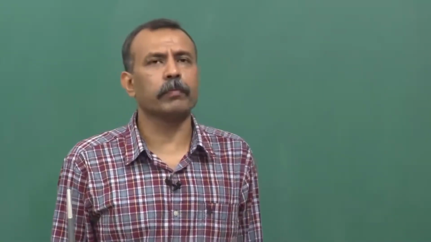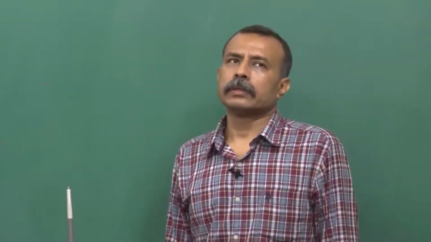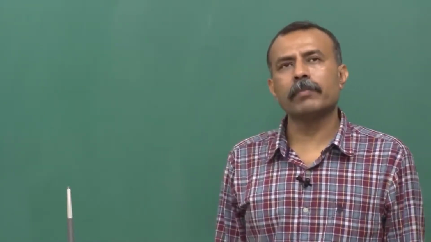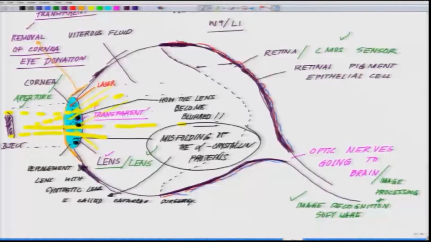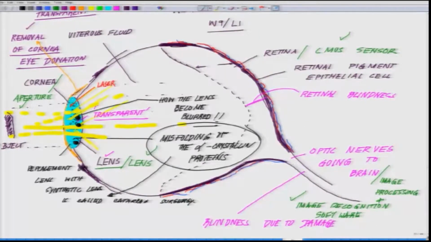But there is a third level of blindness, which is neuronal level, which is the damage out here, which is retinal blindness, or damage here, blindness due to damage to optic nerves. This is another form of blindness.